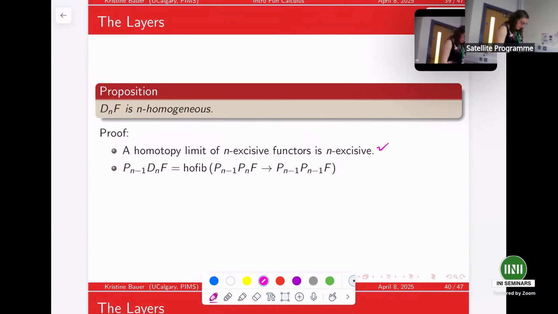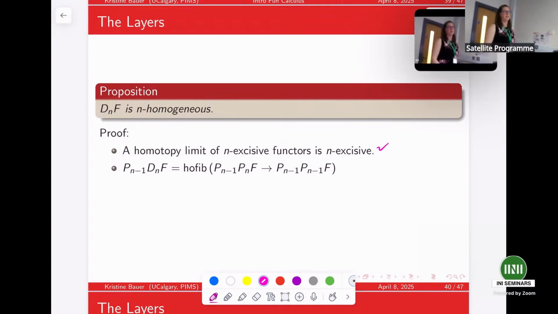Well, consider the map Pn of Pn minus 1 f to Pn of Pn minus 1 of Pn minus 1 f. That was harder to say than I thought it would be. All I'm doing is applying the functor Pn minus 1 to the little map, which I called Qn minus 1.